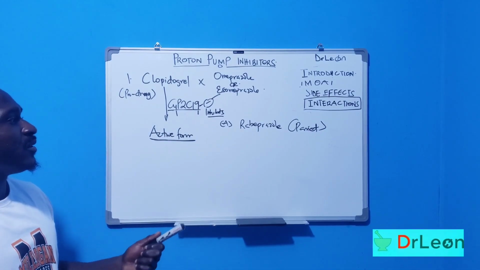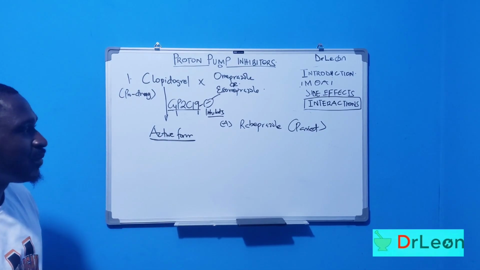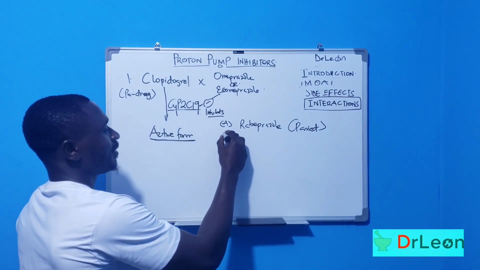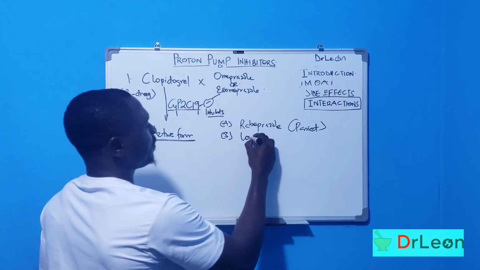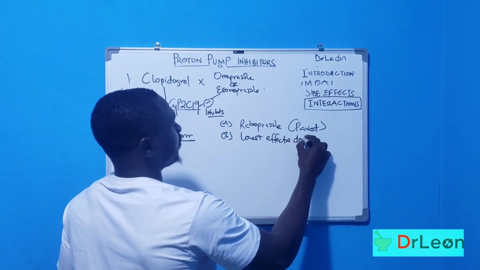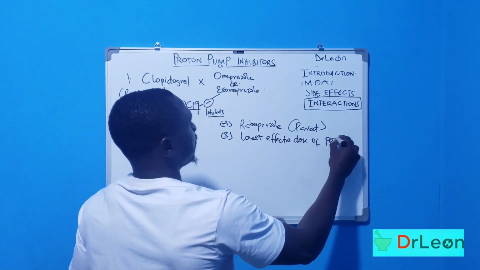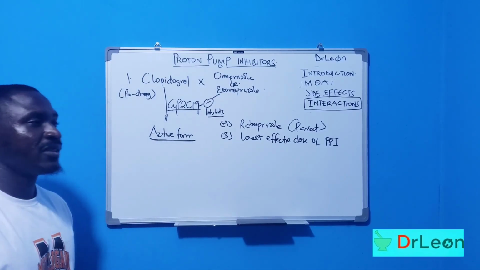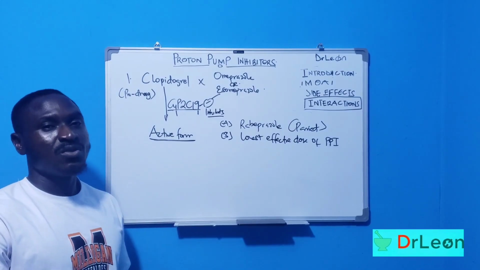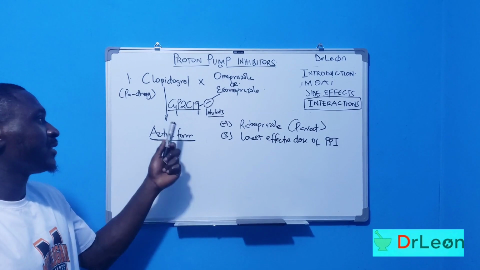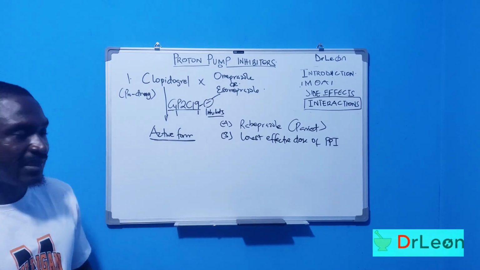If we don't have rabeprazole, what we can do to help the patient is to use the lowest effective dose of the PPI. So we use a dose of the PPI which is relatively low but still effective, so that the inhibition on the 2C19 will be quite less.